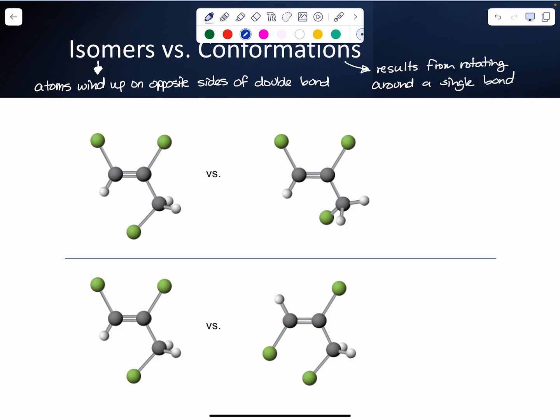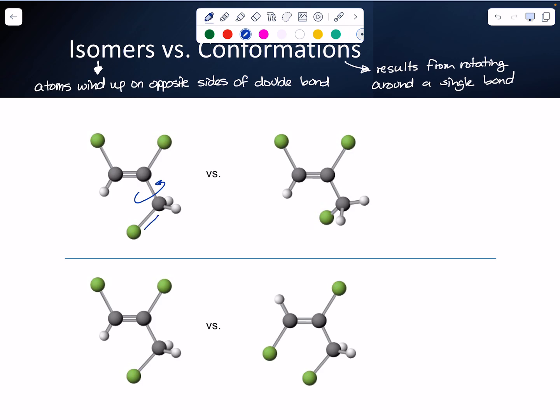All right, so who's who? The one on the top, are we changing the position of things with respect to the double bond, or are we rotating around a single bond? We're rotating around a single bond, right? So it's this bond right here. It's hard to see, but I'm going to draw the wedge and dash.